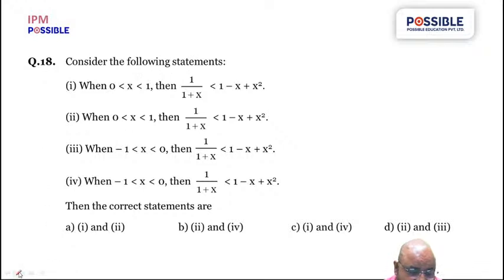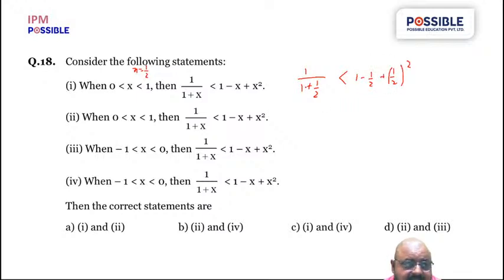Question 18 says, which of the following statements are correct? Okay. So when x lies between 0 and 1, suppose I'm taking the value of x as half. If I put the values here, I'll get 1 upon 1 plus 1 by 2 being less than 1 minus 1 by 2 plus 1 by 2 square, right?